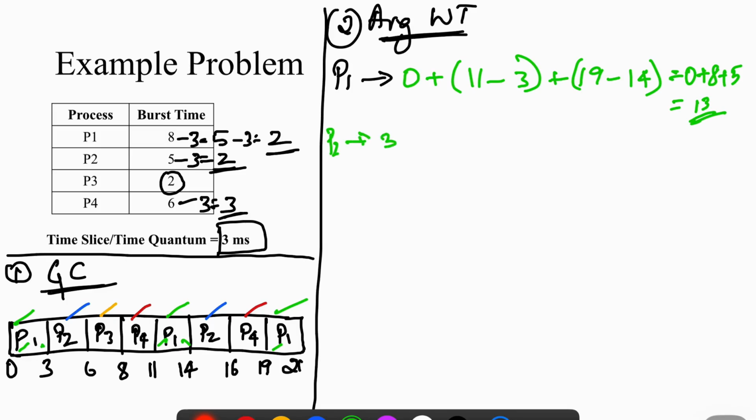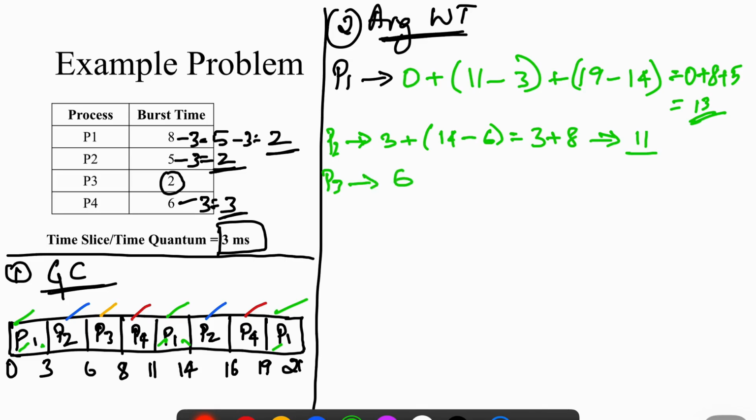P2 is 3 plus, this is the second one, 14 minus 6. So it is 3 plus 14 minus 6, which is 8. This becomes 11. Then I have P3, which has occurred only once.